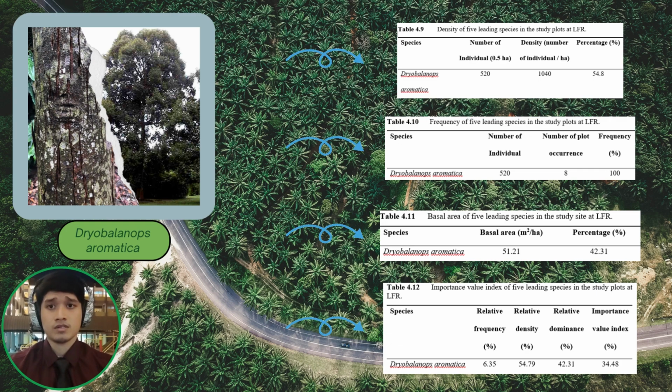The basal area has the highest value, which is 51.21 square meters per hectare, making the percentage 42.31%. And the last one is the 34.48% importance value index, which shows the dominance of this species.